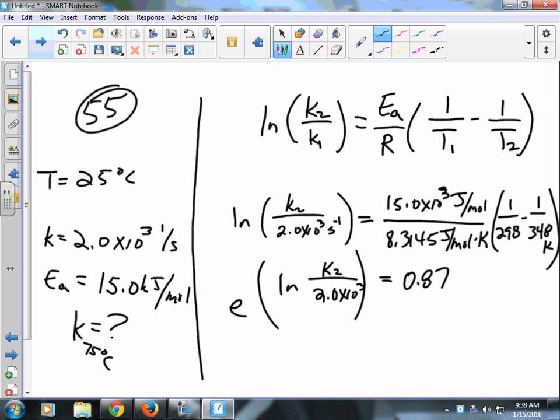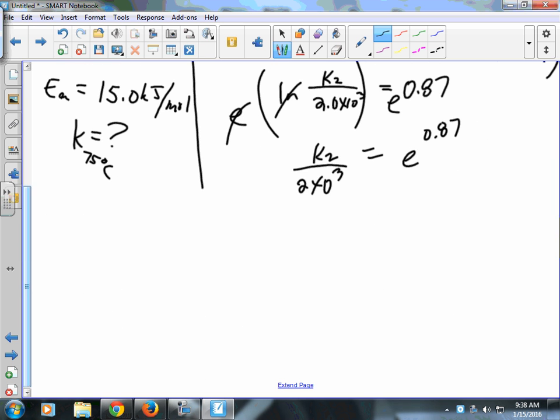We're going to have K2 over 2 times 10 to the third equals E to the 0.87. And then finally, that gives you K2 equals 2.4 times 2 times 10 to the third, which is 4.8 times 10 to the third per second. So punch that in. If you're given the equation, you just do the math.